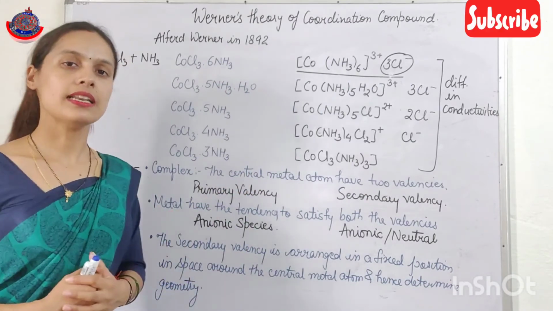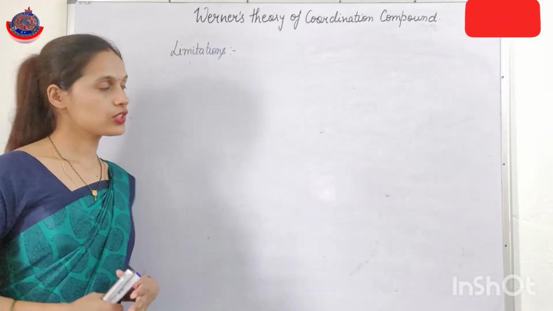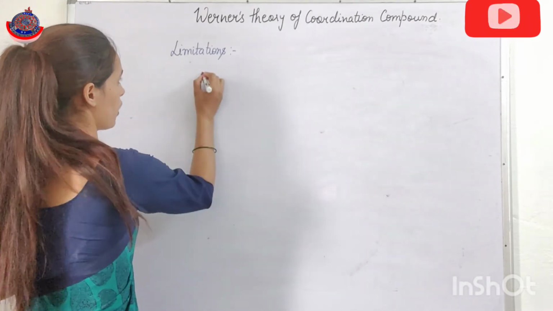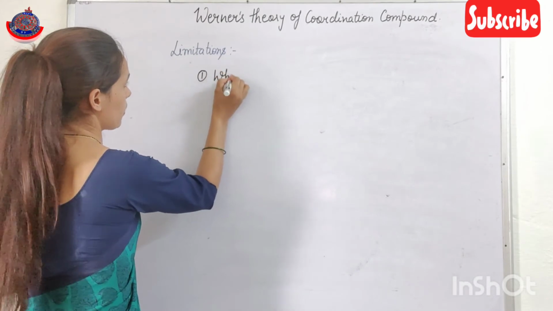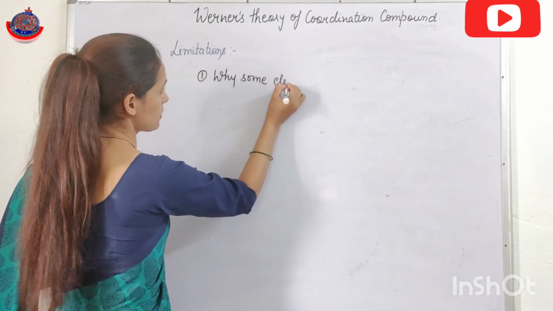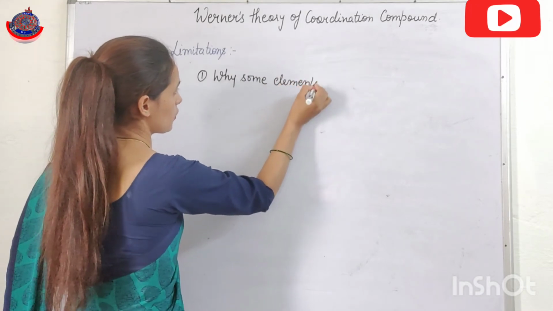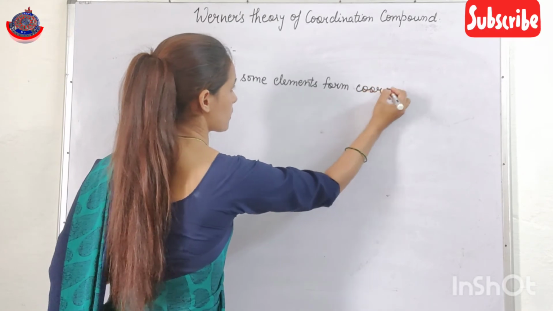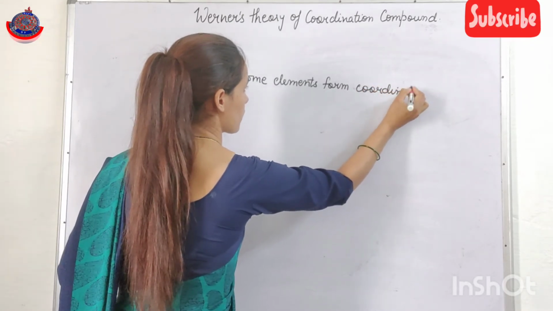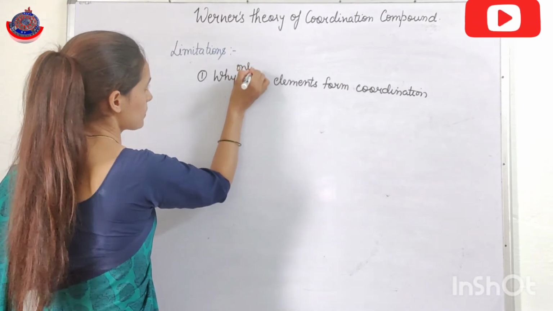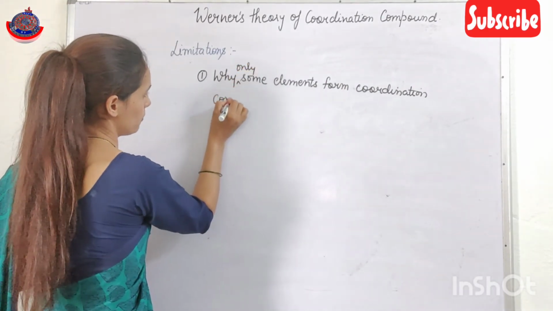Now we'll study the limitations. So the limitations of Werner's theory, the very first limitation is why some elements form coordination compounds. Why only some elements form coordination compounds?